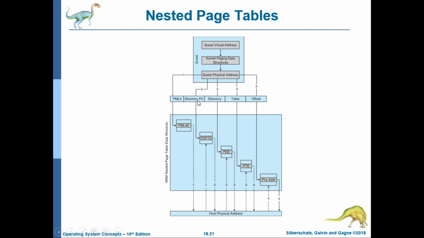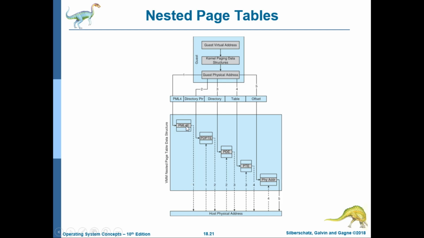And then the directory pointer, we have the PDPTE, which stands for page directory pointer table entry. Then we have the directory, the page directory entry, and then the PTE, the page table entry. And for the offset, we have the physical address. This will be combined here.